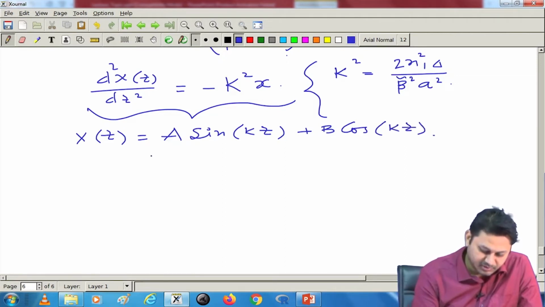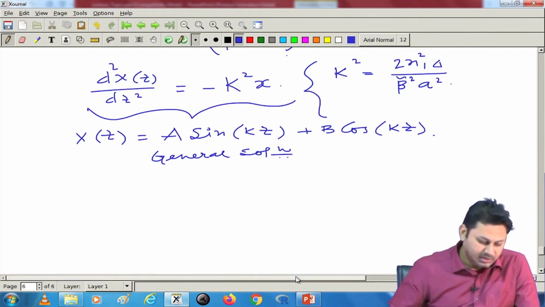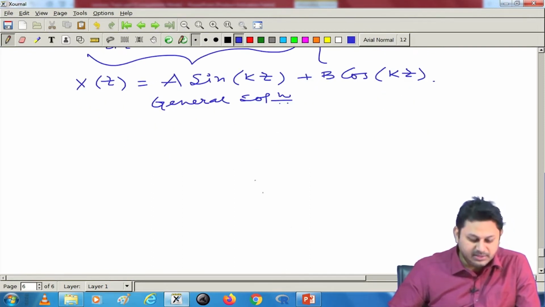So, this is a general solution of this differential equation. Now, the next part is to put the boundary condition to evaluate the value A and B, that is all.